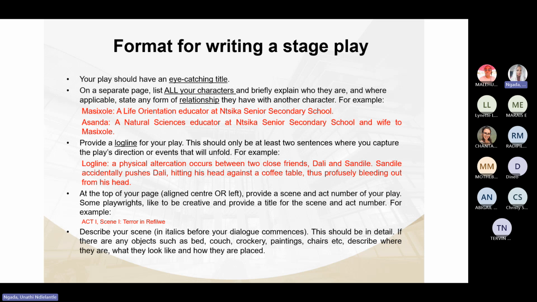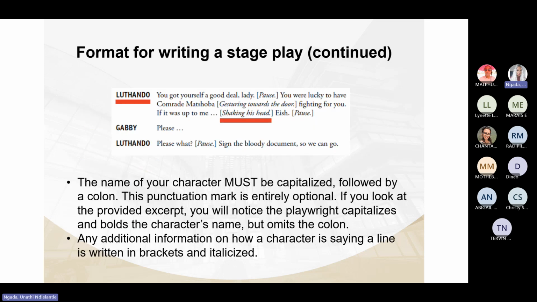So a very good example here of the format of writing a stage play is an excerpt from Mike van Graan's Green Man Flashing. So you'll see that I underlined two important pieces of information. The first one being the name of the character. It must be capitalized, followed by a colon, right?